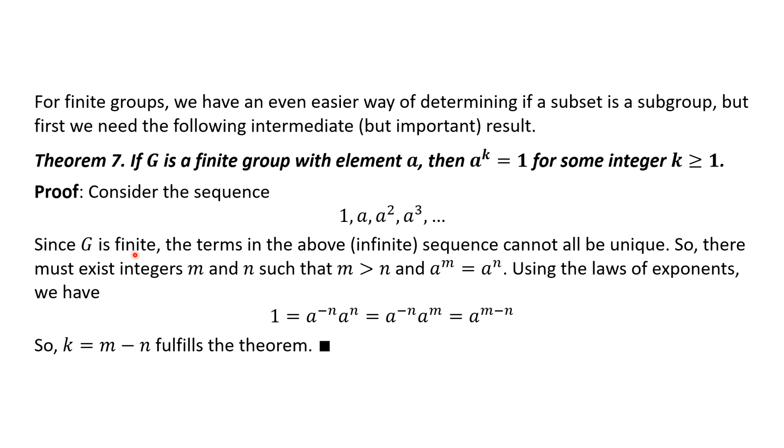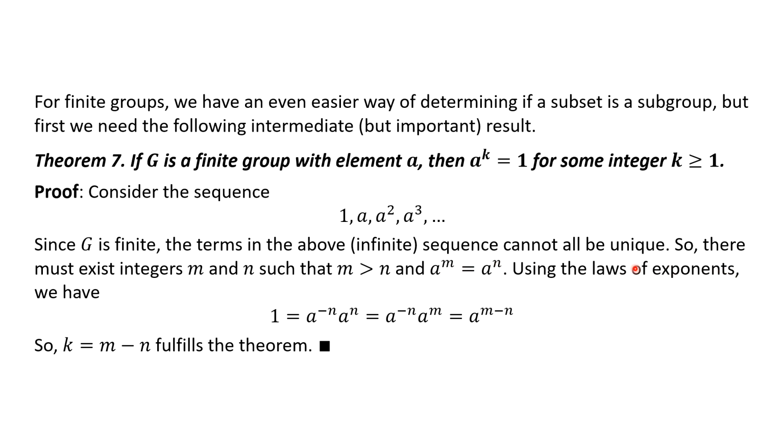Since G is a finite group and has a finite number of elements, the terms in the above sequence cannot all be unique. So there must exist, at the very least, m and n, m greater than n, such that a to the m equals a to the n.